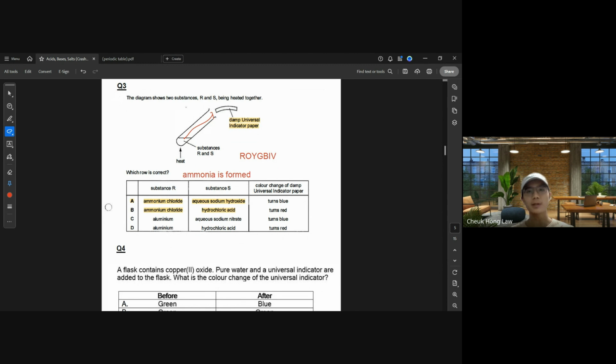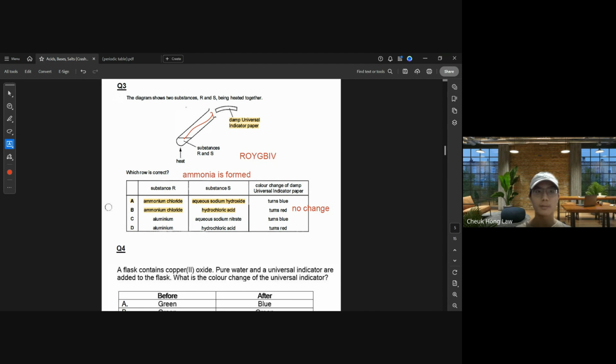If it physically touched, then it will turn red because of hydrochloric acid. But since it didn't physically touch, it's at the mouth of the test tube and no gas is formed, there will be no change. Third reaction.